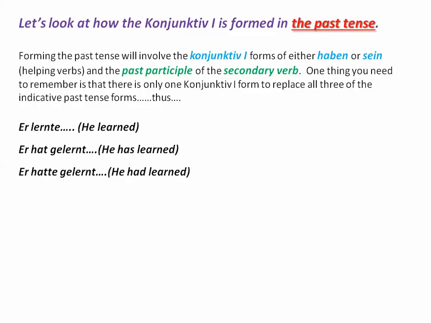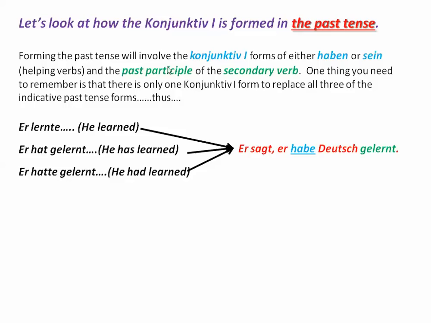So in the indicative, lernte, hat gelernt, hatte gelernt. These are all replaced in the Subjunctive I with the phrase sagt, habe Deutsch gelernt. And this is reported speech saying he said he has learned German. So it's really replacing three different past tenses.